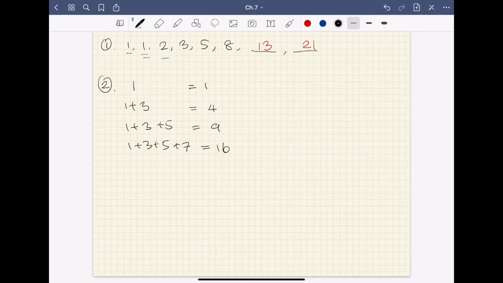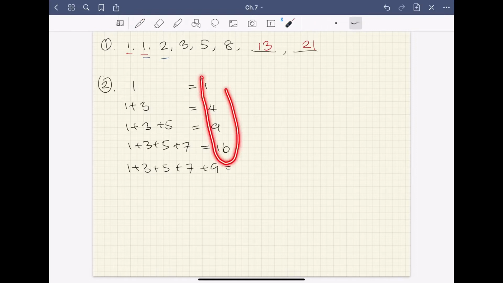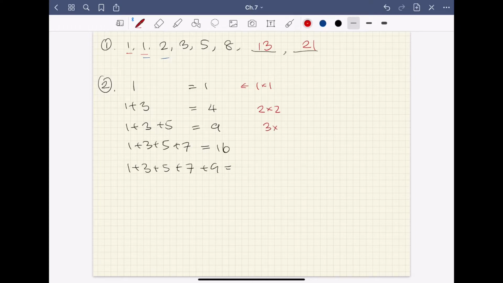What pattern can you see? What conjecture can you make? These numbers are all perfect squares. 1 is 1 times 1, 4 is 2 times 2, 9 is 3 times 3, 16 is 4 times 4.